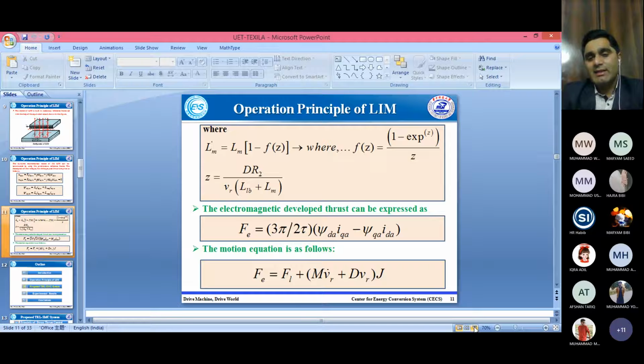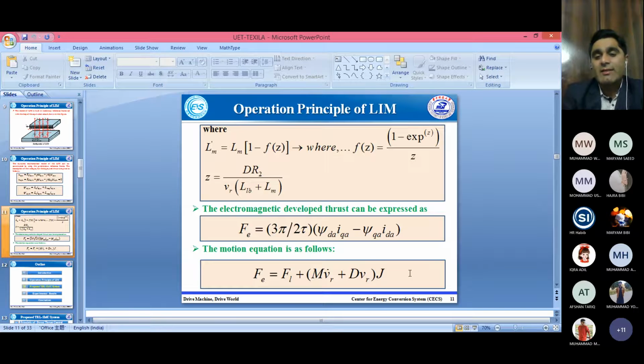The electromagnetic developed thrust can be expressed in this equation as F equal to 3π divided by 2π, then the flux linkage and the Q-axis current, then minus the flux linkage with the current in the D and Q axes. And this is the motion equation for the LIM, given here: Fe equal to Fl plus m dv/dt plus a disturbance term.